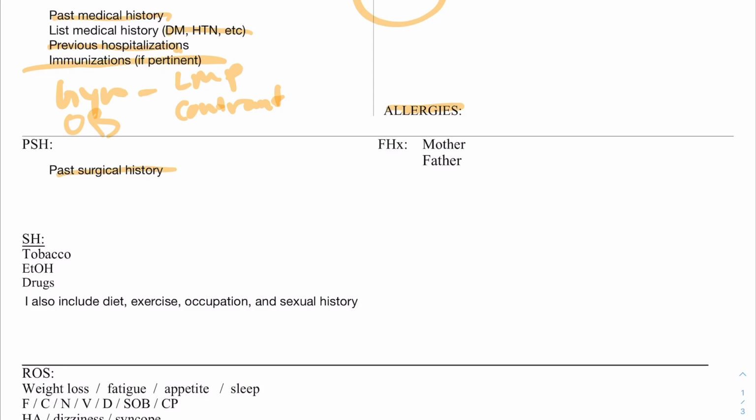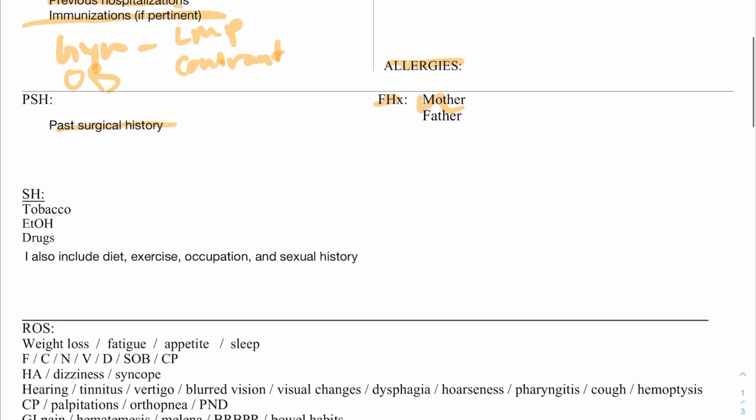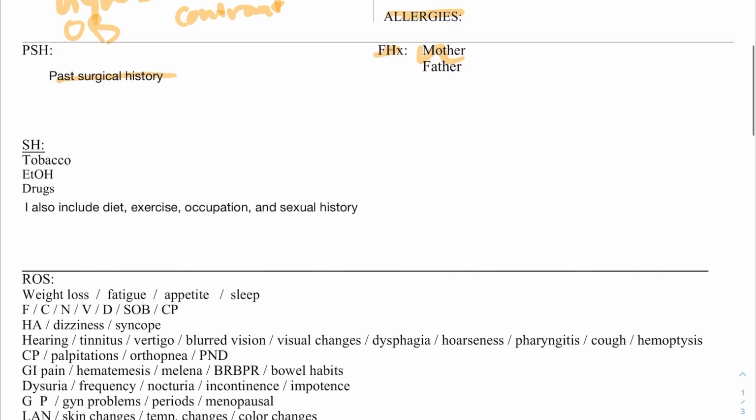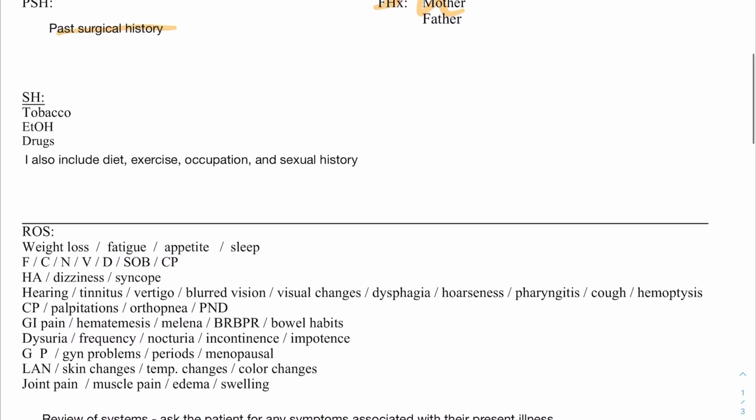If there's a huge family history of cancer and this patient's coming in with a new breast lump and their mom had breast cancer, well, I better be more careful and be more thorough to make sure she doesn't have cancer. So family history is actually really important. But a lot of times I don't see it really dictating my medical decision making unless it's really straightforward and connected, like cancer.